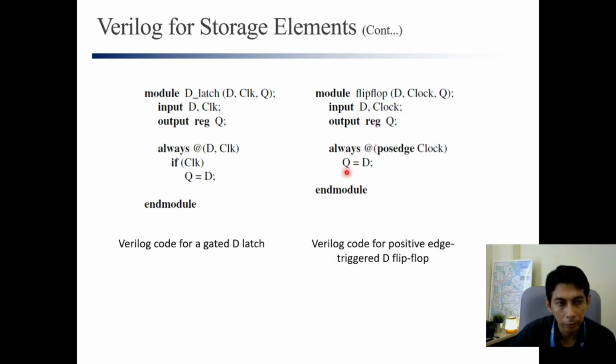So now no need to write if clock, just write Q equal to D. Now you have the D flip-flop. All right, that is the difference. So remember, later when you want to create a flip-flop, you need to use posedge for a positive edge triggered flip-flop, and negedge for a negative edge triggered flip-flop. All right, very easy.